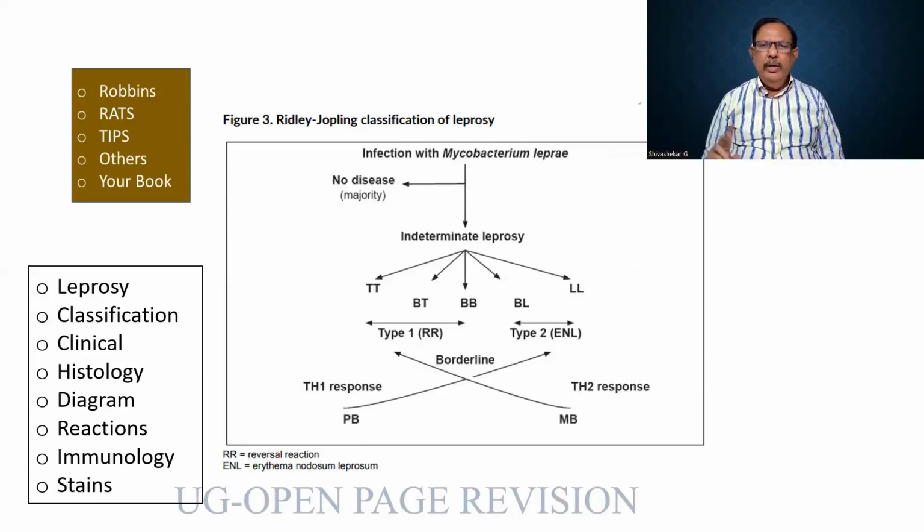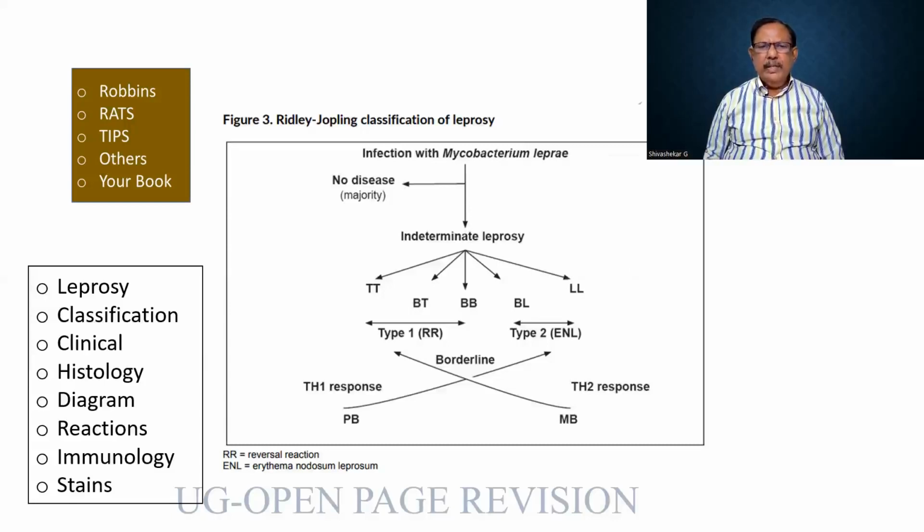One is tuberculoid, the other is lepromatous. In tuberculoid, you get non-caseating granuloma deep in the dermis, close to the adnexa. That is why there will be the loss of hair and other things. Sometimes it can lead to an abscess, a nerve abscess, or sometimes a pyelonephritis also. So these things you will have to mention with the diagram.